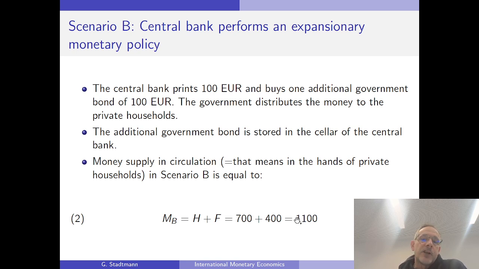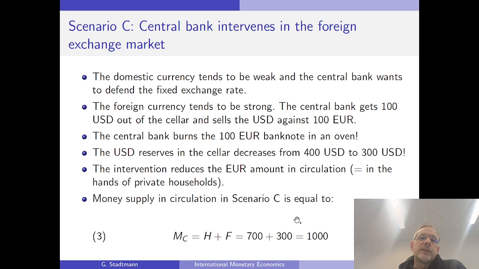But due to this monetary expansion, the domestic currency is getting weak. There is some depreciation pressure, and therefore the central bank has to defend the fixed exchange rate system. The foreign currency tends to be strong, and therefore the central bank gets 100 US dollars out of the cellar and sells the 100 US dollars against 100 euros.